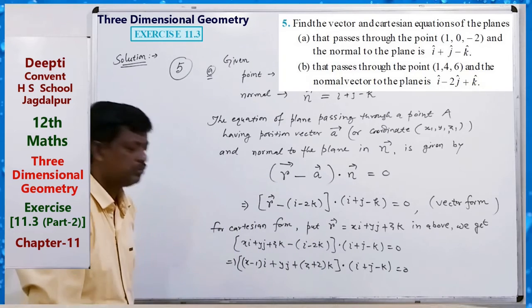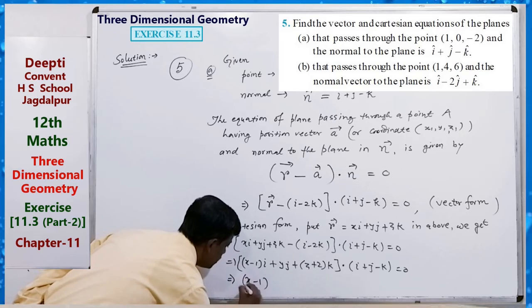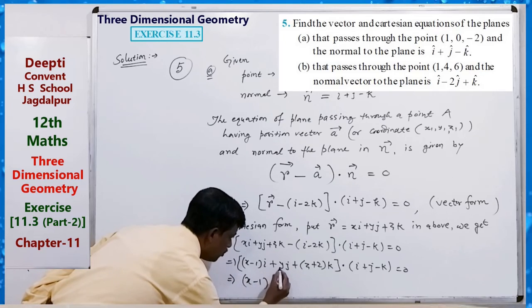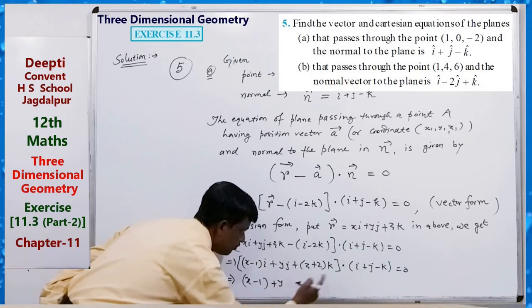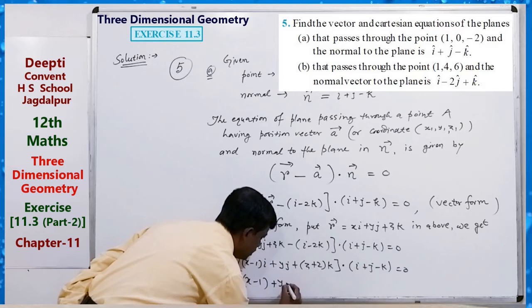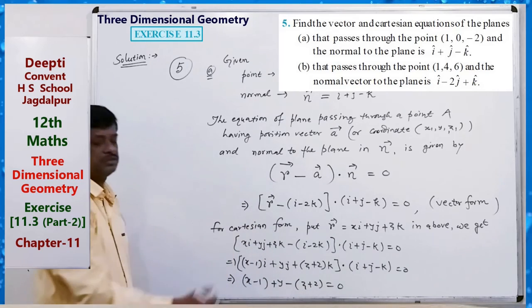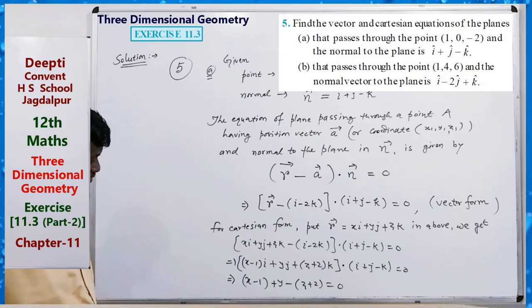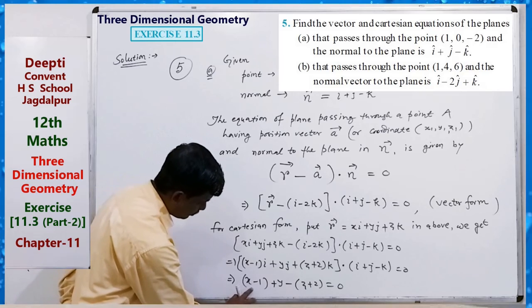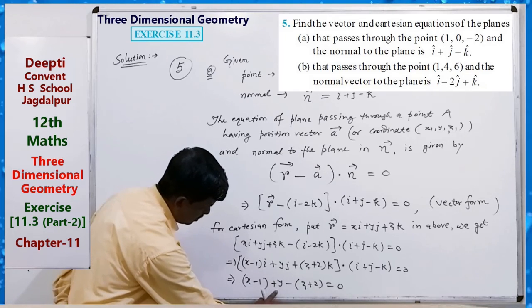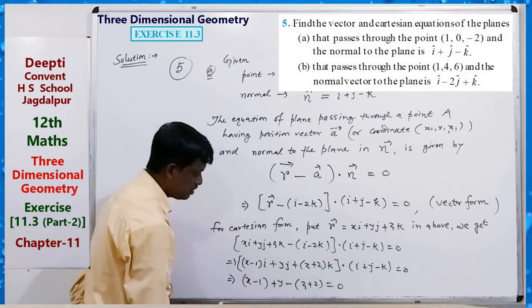Now the dot product, you know what to do. For I, x minus 1, and for j, y, and for k, minus of z plus 2, equals 0. So this is the equation of the plane in Cartesian form. It can be simplified also: x plus y minus z, minus 1 minus 2, minus 3.